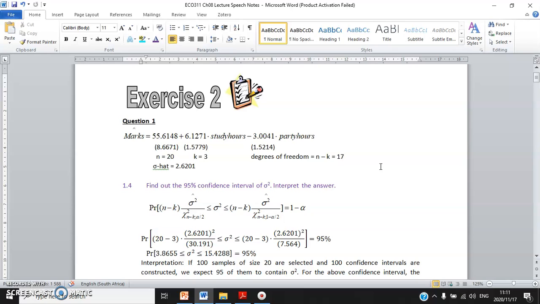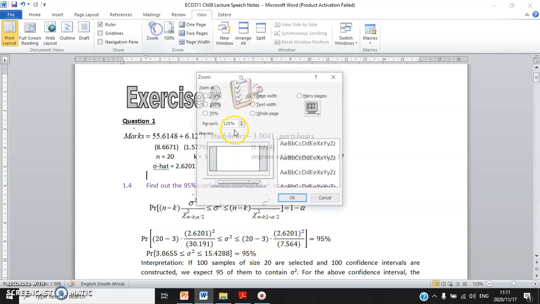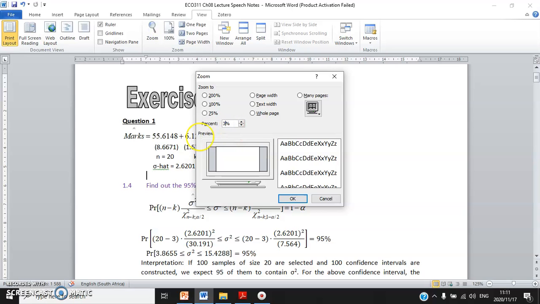So if we look at exercise 2, question 1, this is a multivariate regression of marks explained by study hours, party hours, sample size, K, degrees of freedom. Remember, I'm not supposed to tell you the degrees of freedom so explicitly. I think I can enlarge it a little bit further.